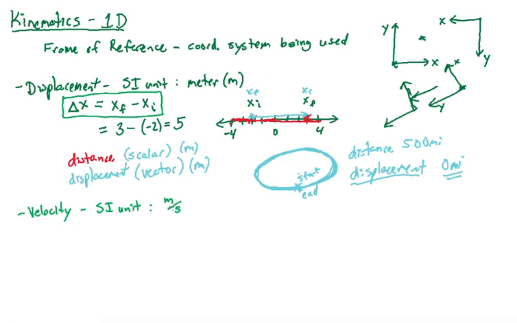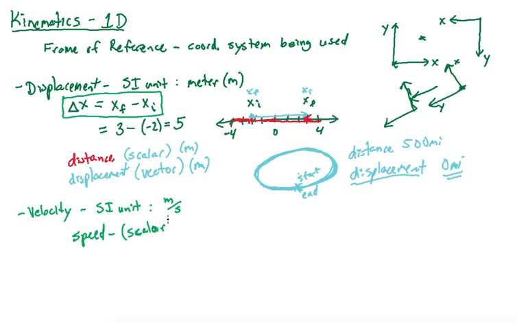You look at getting your car and you're going 60 miles per hour. It tells you how far you can travel in a certain amount of time. And that's our velocity. But this is a bit different from speed. Speed being the scalar version of it.